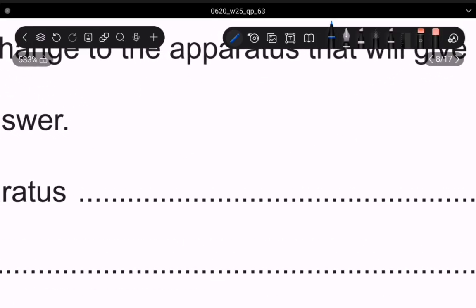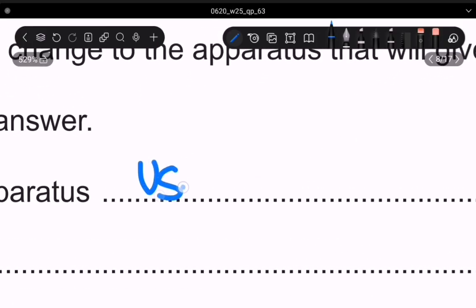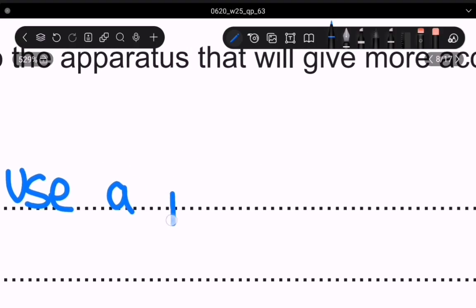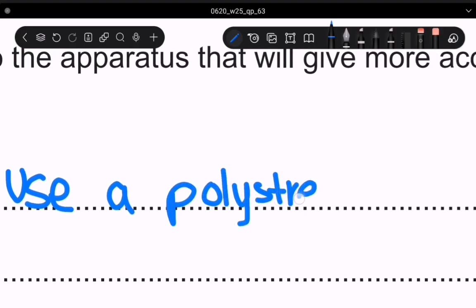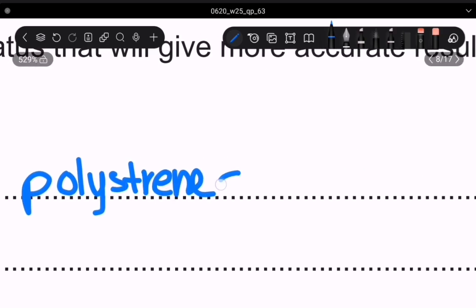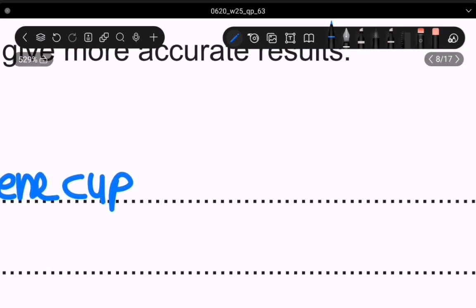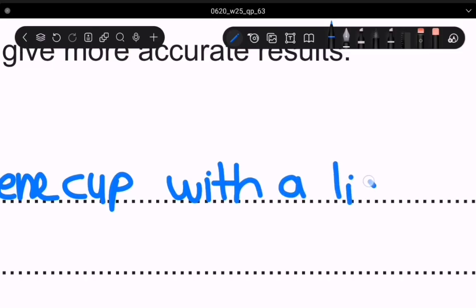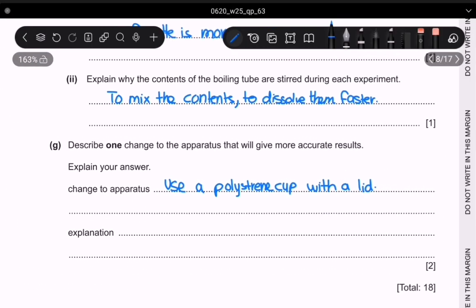Or you can say use a polystyrene cup. Okay, I'm going to write: use a polystyrene cup with a lid. This is going to cause insulation.